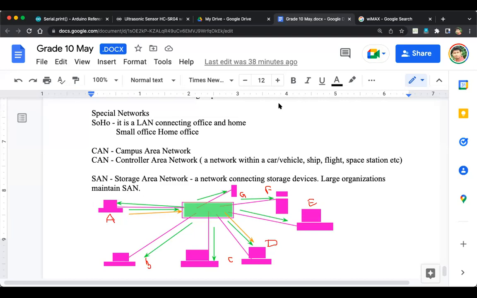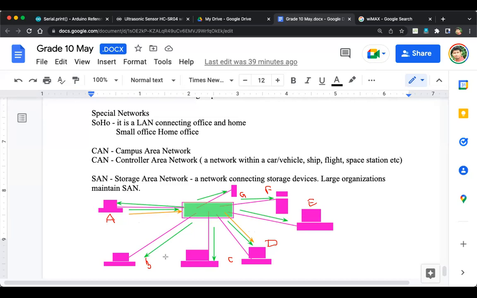Right, anyway, we have discussed up to here. So which is broadcasting? Hub is broadcasting. Which is less intelligent? Hub is less intelligent. Which is more intelligent? Switch, because the switch will send accordingly. If A asks to send to D, then it will send to D only.